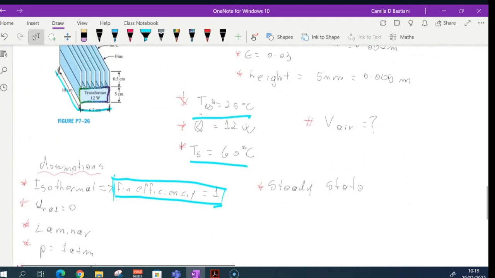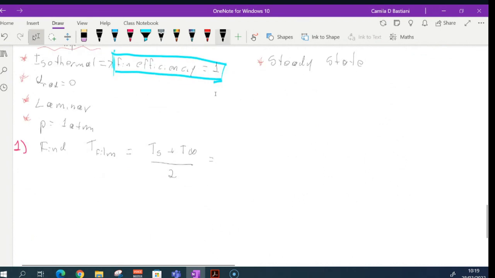And the surface temperature is 60 degrees Celsius. 25 plus 60 divided by 2. So my film temperature is going to be 42.5 degrees Celsius.